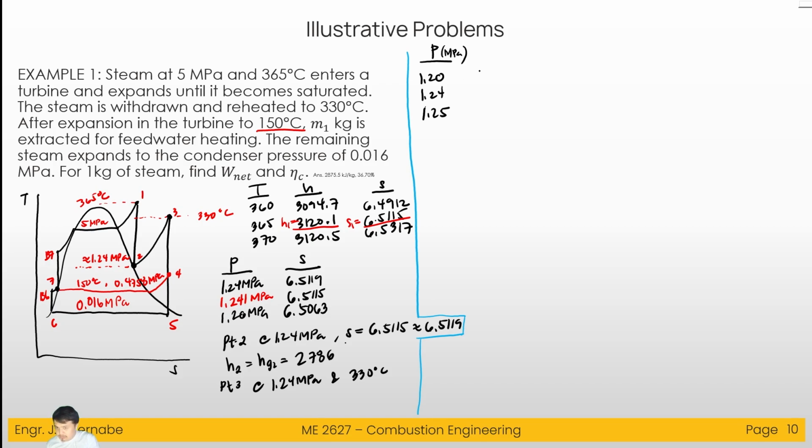This is Table 3 again, with the given H and the given S. For 1.20 MPa, the H is 3045.8 and the S is 7.0317.